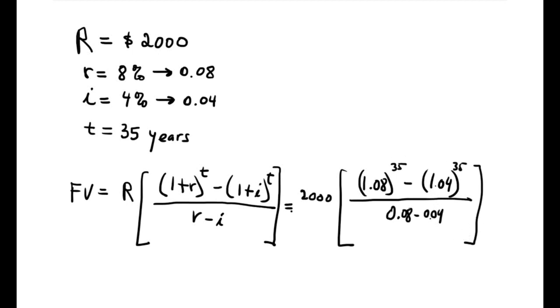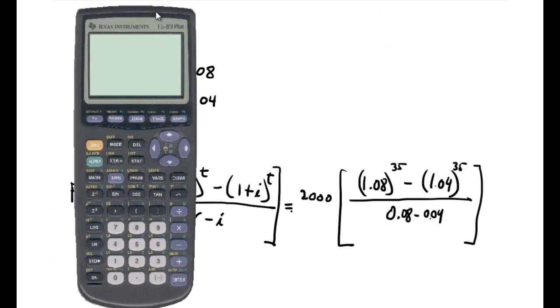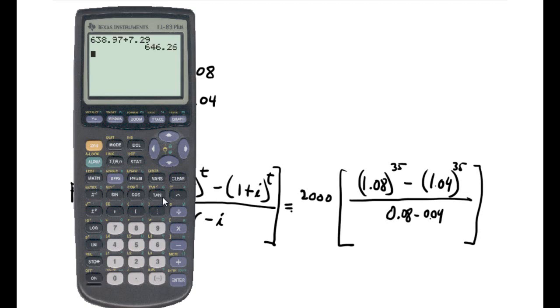Okay, now calculate. On the calculator we have 2,000 multiplied by parenthesis, another parenthesis, 1.08, close the parenthesis, power 35, minus parenthesis, 1.04, close the parenthesis, power 35, close the parenthesis, and divided by, open parenthesis, 0.08 minus 0.04, close the parenthesis.